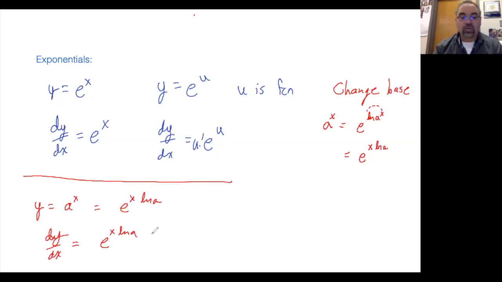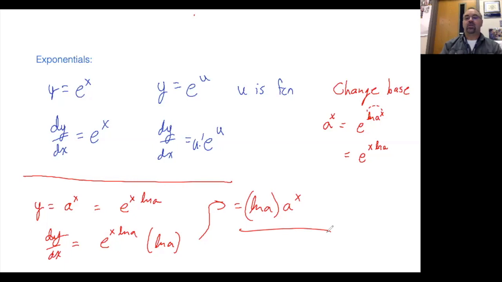Now, what's the derivative of x times the natural log of a? Well, x's derivative is just 1, so there's this natural log of a term in there because it's 1 times that constant. Which you could reduce to the natural log of a times a to the x, because e to the x natural log of a is a to the x, and so there you go. There's your derivative for the exponential.